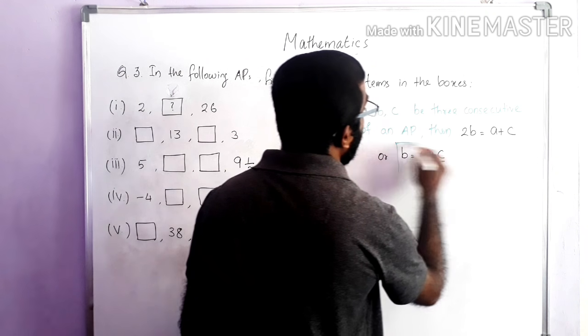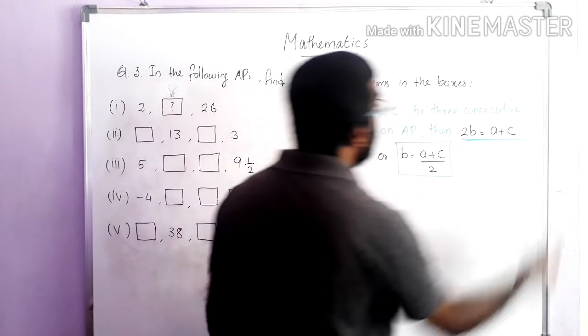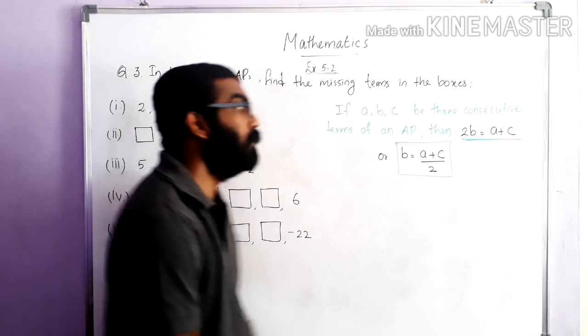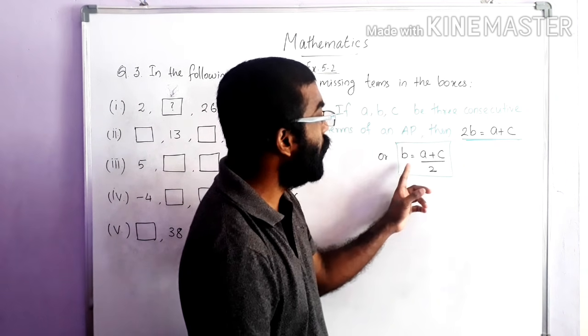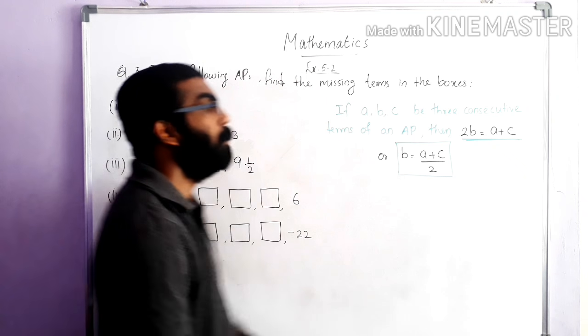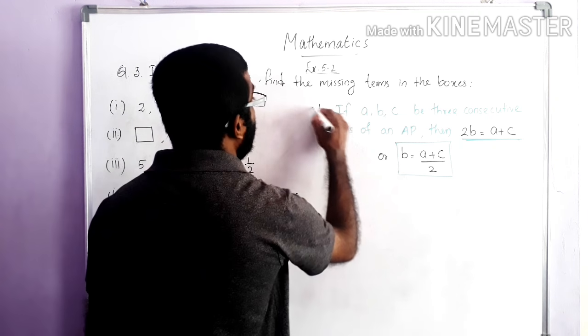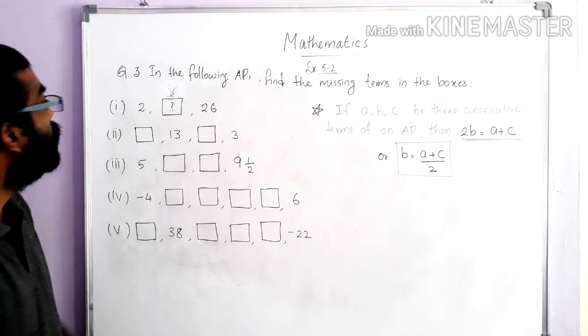If a, b, c are any three consecutive terms of an AP, then there is a formula: 2b is equal to a plus c, or we can write b is equal to (a plus c) divided by 2. This thing you have to remember.